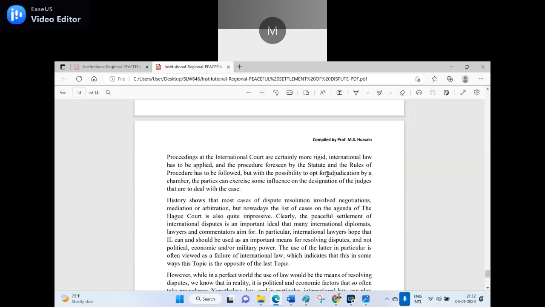Where the parties will be called by the legal service authority, especially insurance cases and family disputes or petty land disputes, not murder cases, not rape cases. Are you following me?